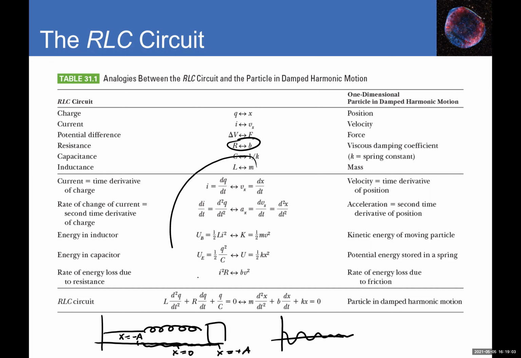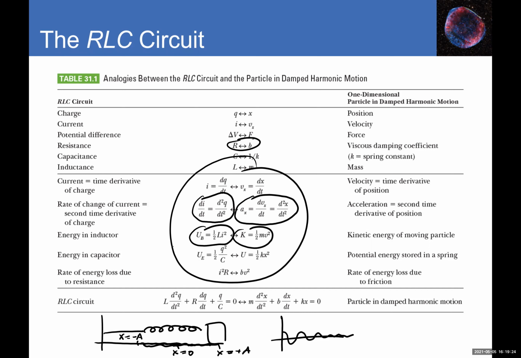So all of this is pretty much what we talked about. The I, which is dq dt, is equivalent to the velocity, which is dx dt. Then you can say di dt is d squared q dt squared, where acceleration is d squared x dt squared. And then we have the kinetic energy, which is analogous to the magnetic energy, and the spring potential energy, which is analogous to electric potential energy.